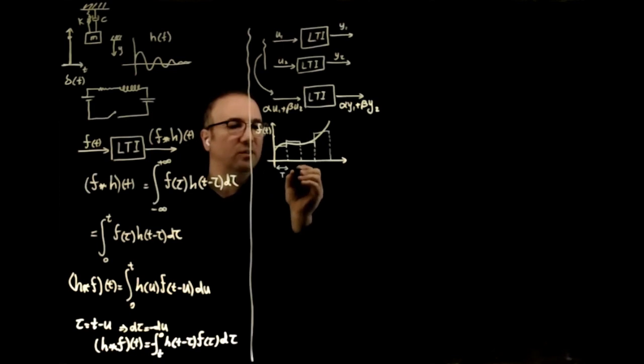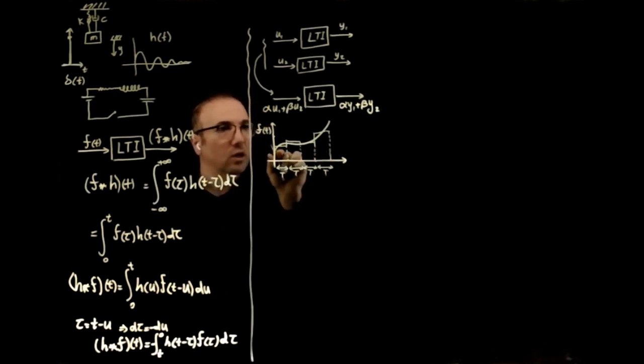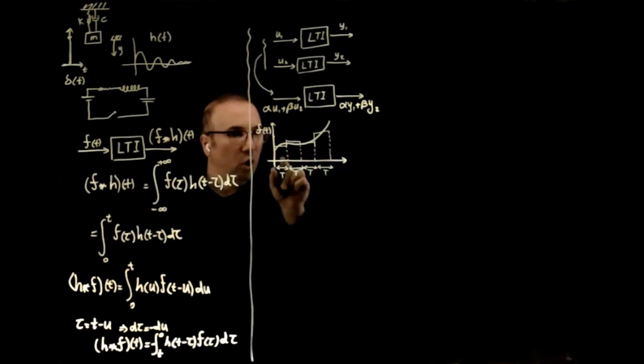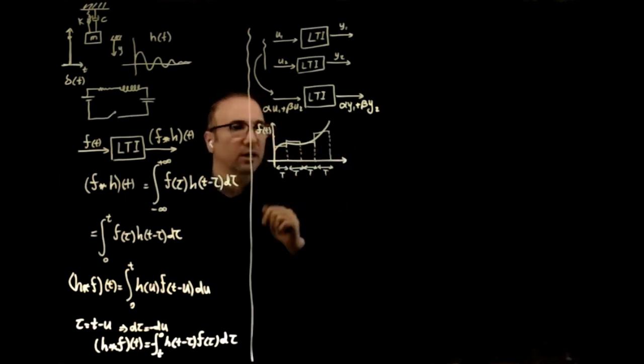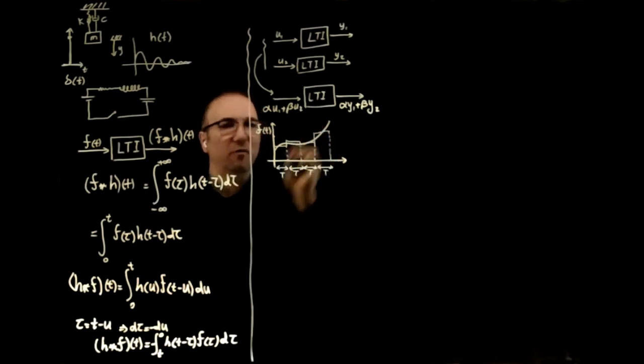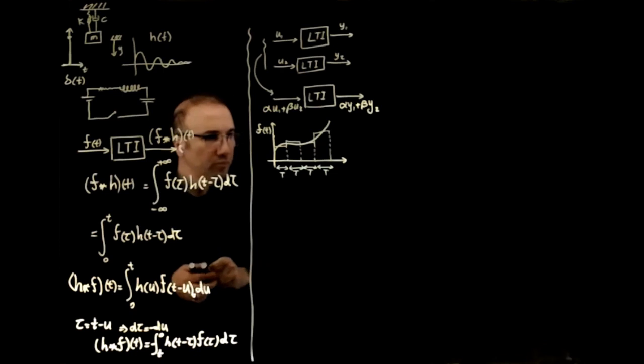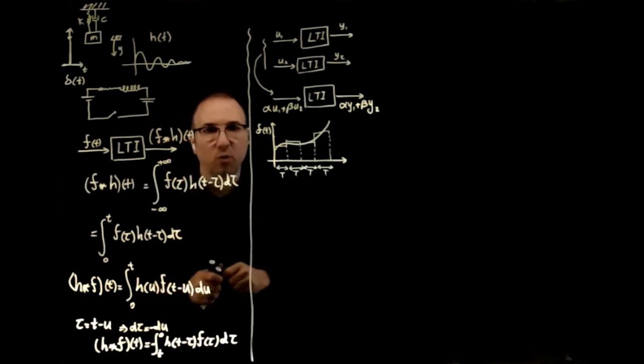This would approximate my input, all right? So this would be different pulses next to each other. And when I make this width smaller and smaller, this would track the curve of f of t better and better. So this is what we want to work with, the pulses.